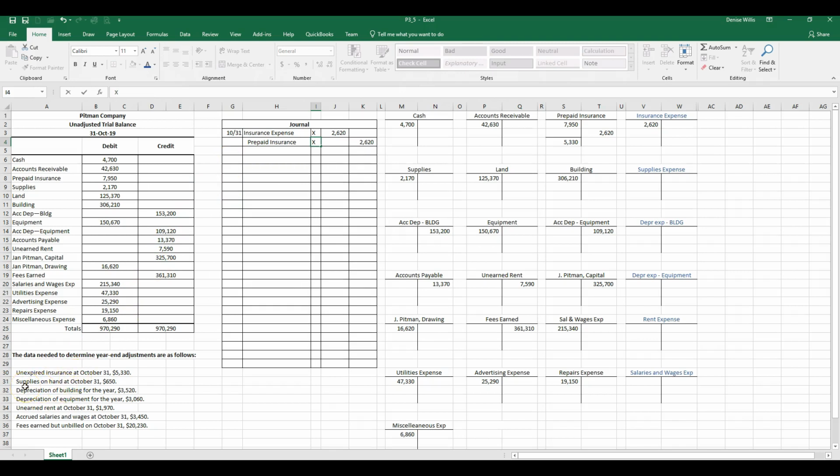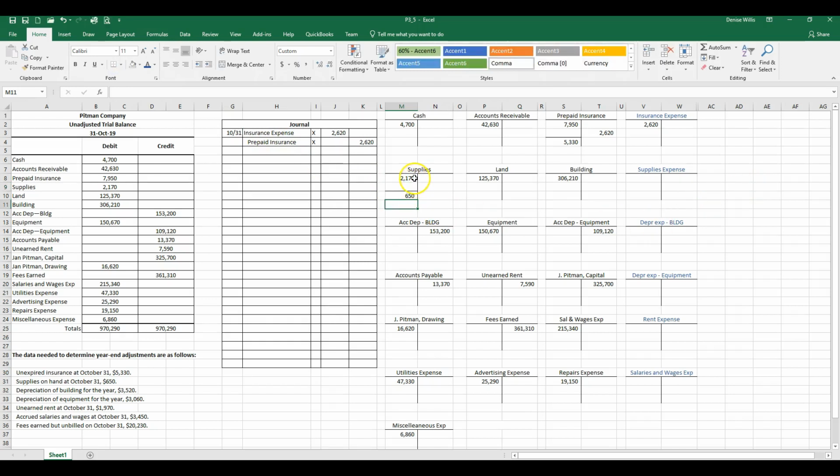The next one says supplies on hand at October 31st are $6.50. Okay, this is kind of like the one we just did in that they are giving us an ending balance. Our supplies we see are $21.70. We can find the account over here, $21.70. We need to create an ending balance in the amount of $6.50.